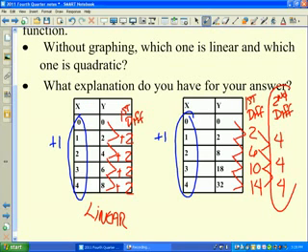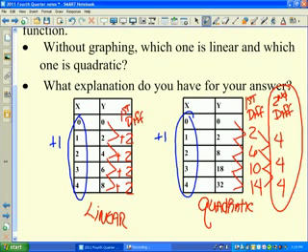When you see your constant in the second set of differences, that's when you know you have a quadratic function. The difference between linear and quadratic is that for linear, you get your constant right off the first set of differences. For quadratic, you see your constants in the second set of differences.